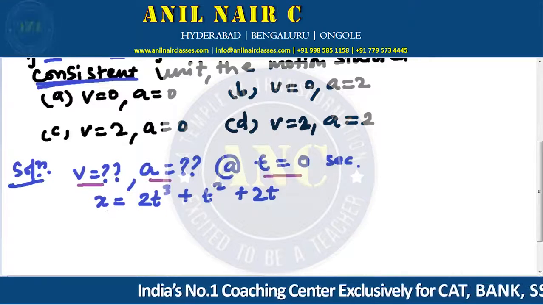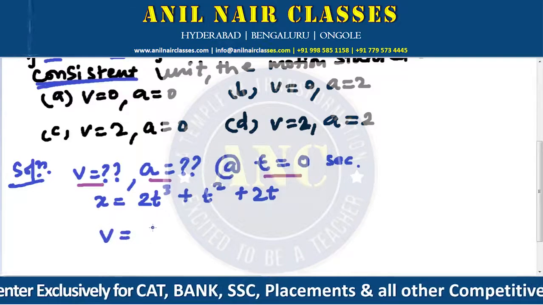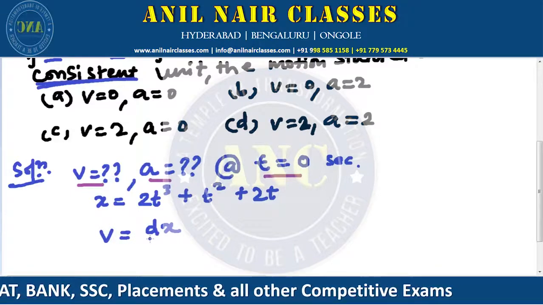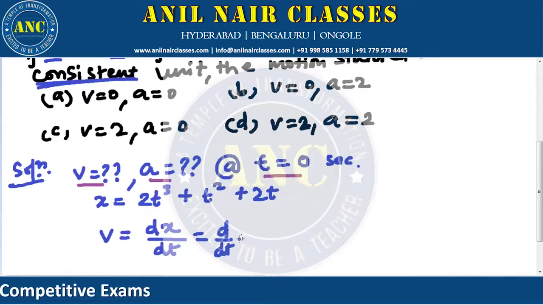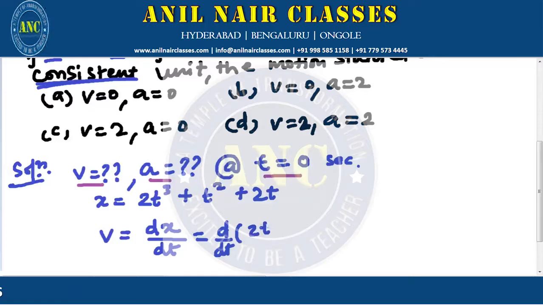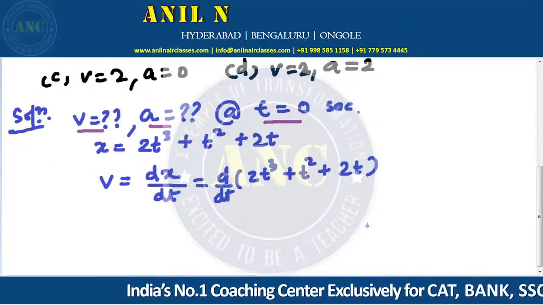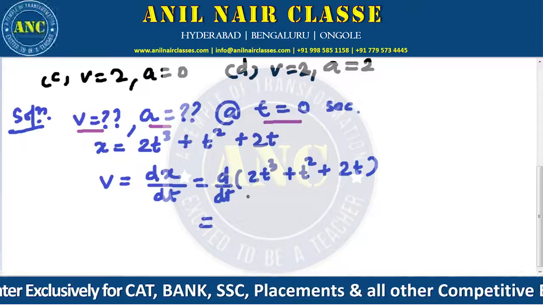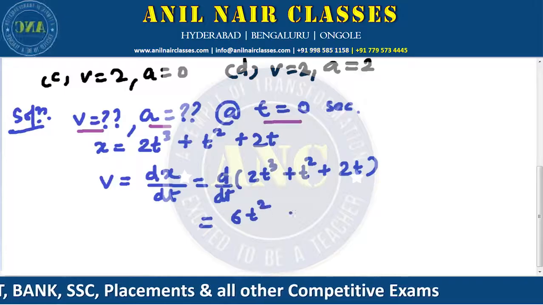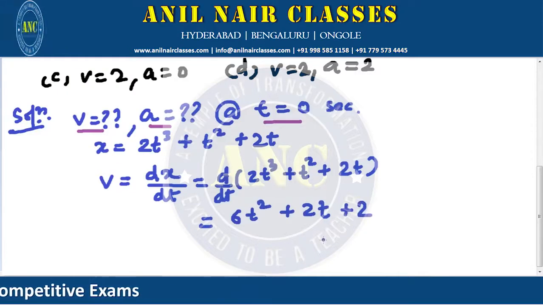So v, what is v? v is nothing but the change in distance with respect to the change in time, that is dx by dt. In place of x, I can write 2t cube plus t square plus 2t, right? So the differentiation will be 6t square plus 2t plus 2.